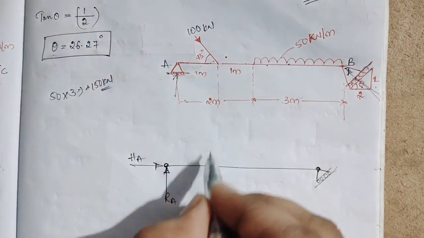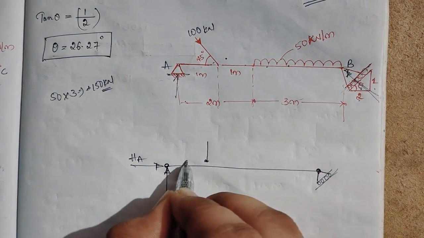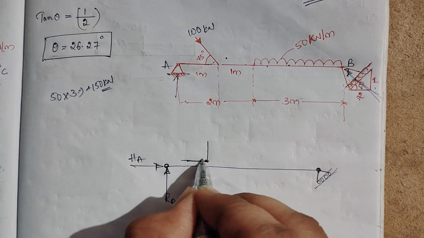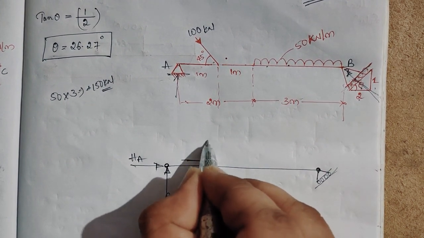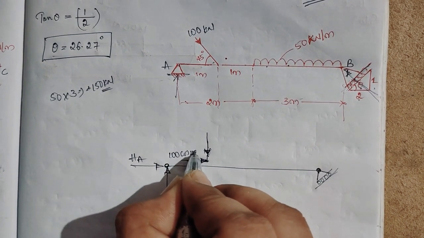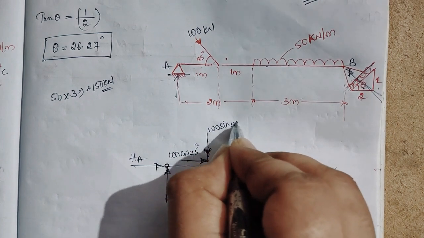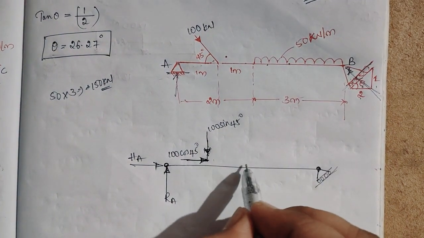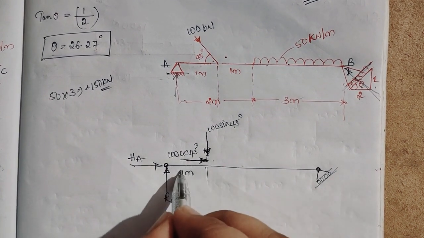So at a distance of 1 meter we have 100 kilonewton force. So in this direction, horizontal it is 100 cos 45, this is 100 sin 45. So at a distance of 1 meter.